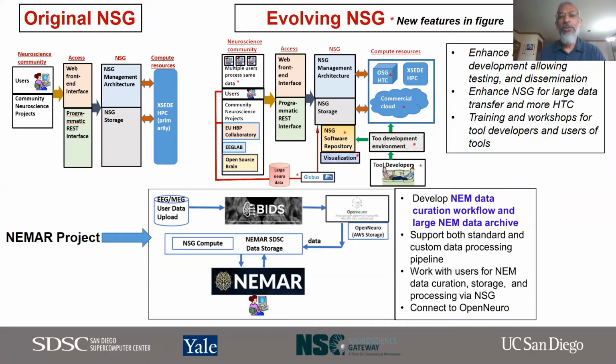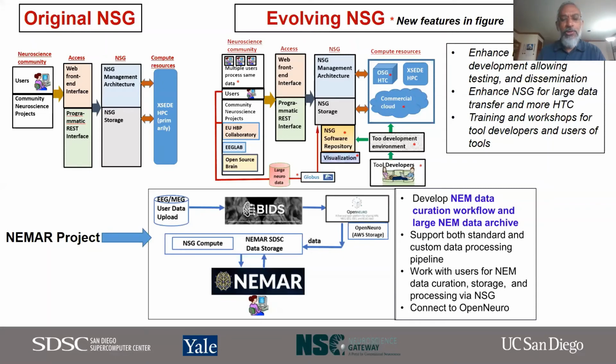Now, if you go to the evolving NSG picture, you will see that we are trying to serve the experimental and cognitive neuroscientists who do a lot of data processing using high throughput computing of Open Science Grid, commercial cloud, as well as the ability to transfer data. And then you see the tool developers and tool development environment, which means we are trying to make NSG a platform for tool dissemination also.